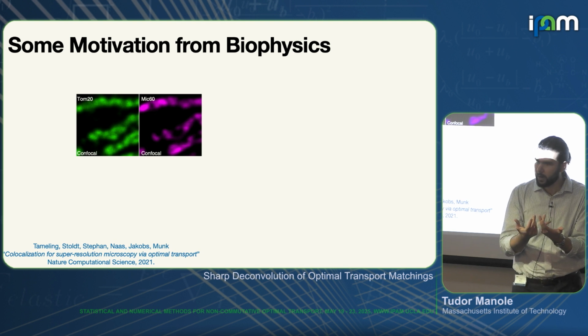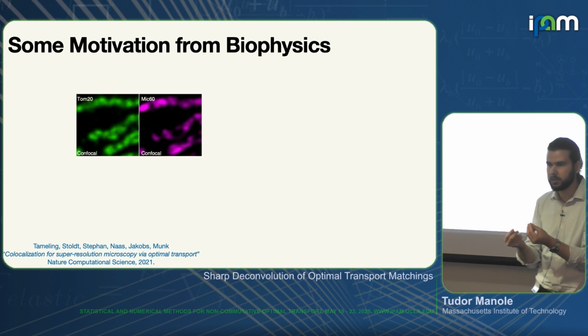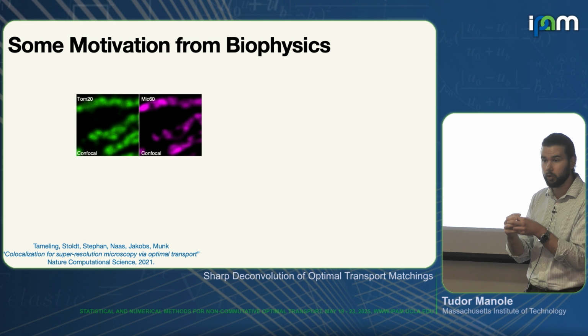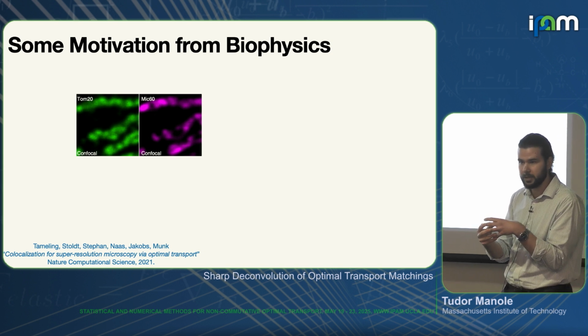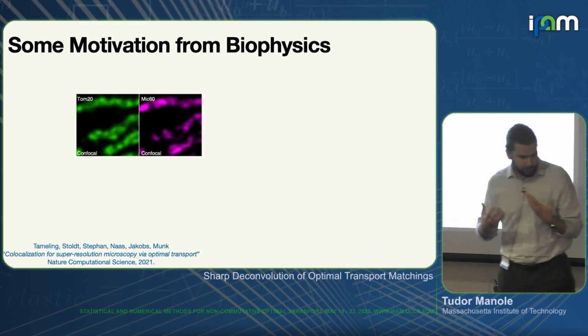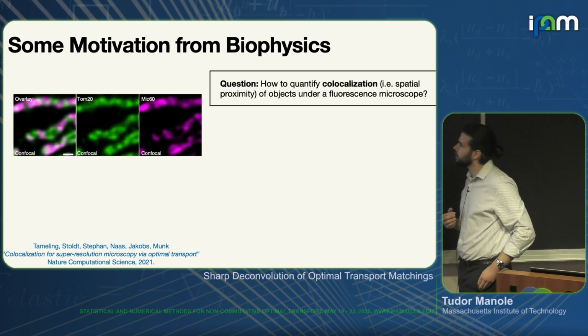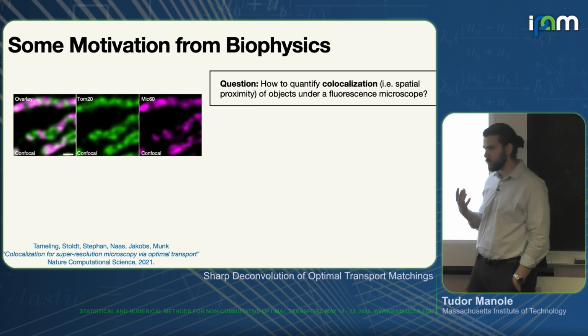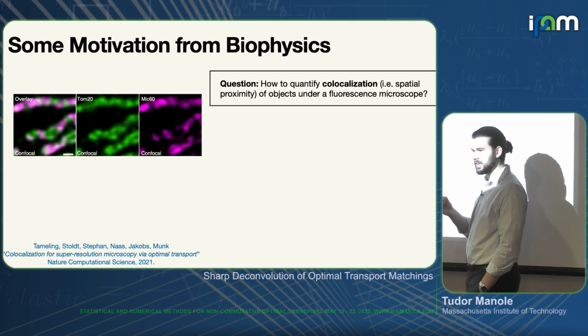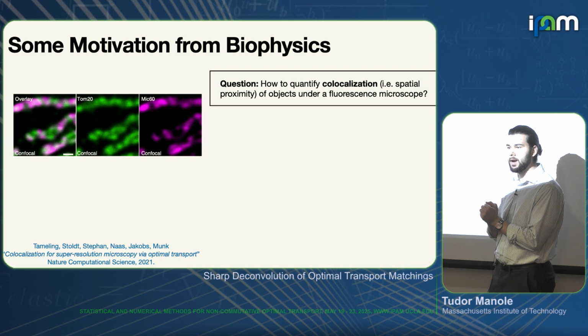A first order way to understand if two sets of proteins are interacting is to understand if they're co-localized, whether there's any spatial proximity between them. This is the term called colocalization in biophysics. This is the question of how can we quantify how close two sets of proteins or other molecules are under observation.